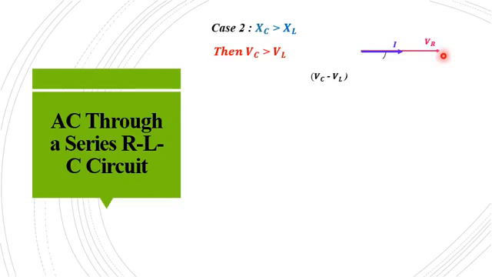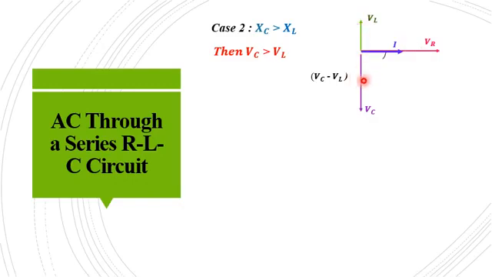Then the VL phasor will be leading the current phasor by 90 degrees. Then the VC phasor will be lagging the current phasor by 90 degrees. Here, since VC is greater than VL, the length of VC is greater than the length of VL. Now the resultant voltage is the vector sum of VL, VR and VC.